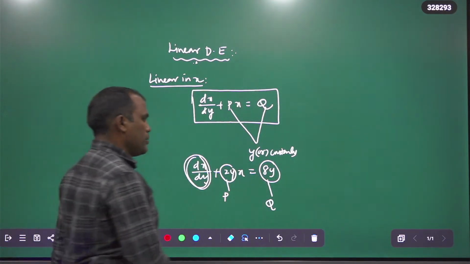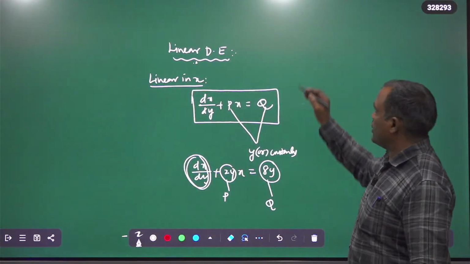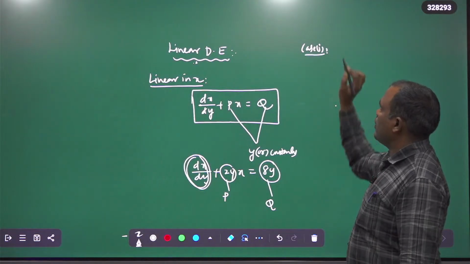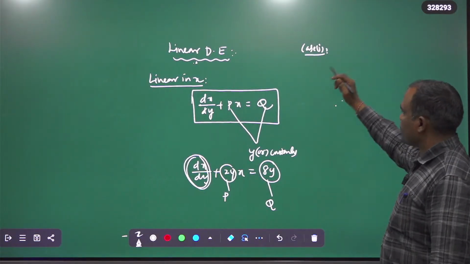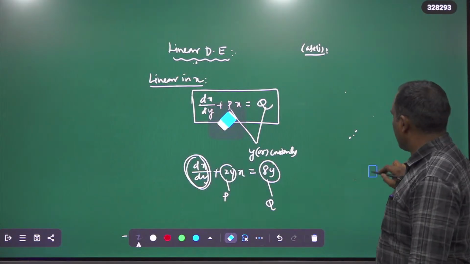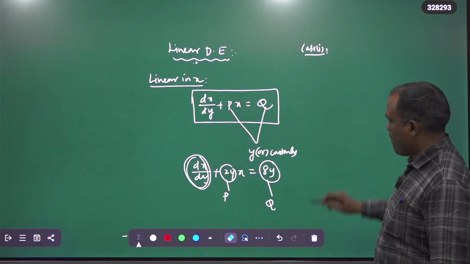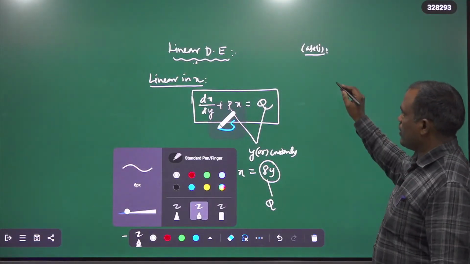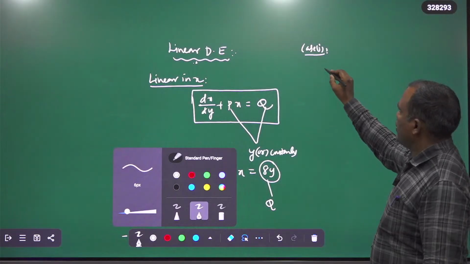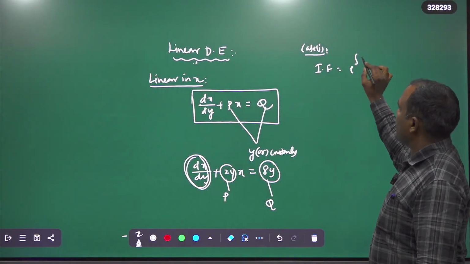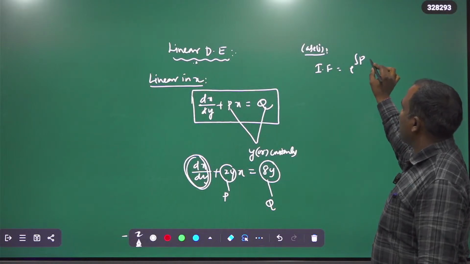So based on the same, similarly we have two cases. Listen carefully. In this first case, the integrating factor is equal to e to the power of integral of P dy.